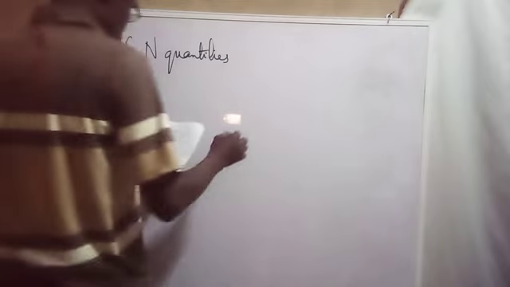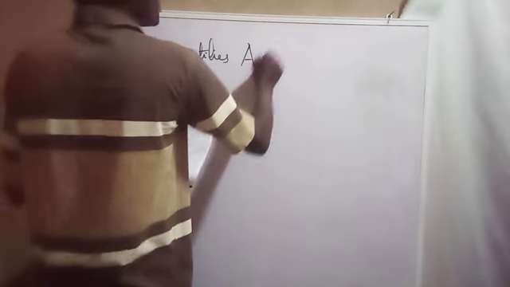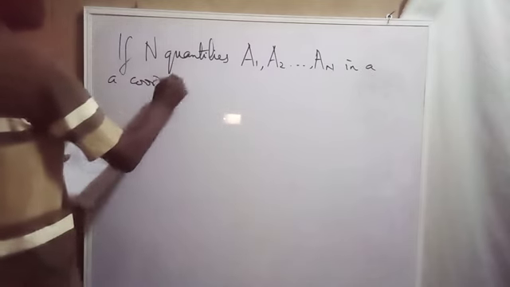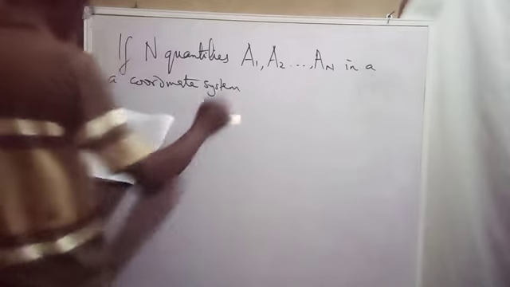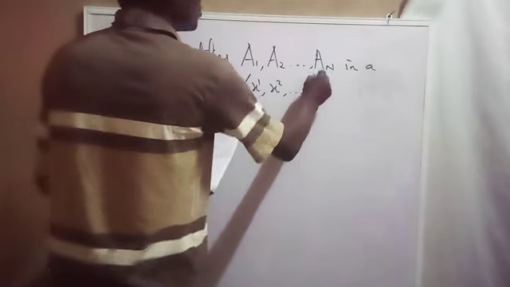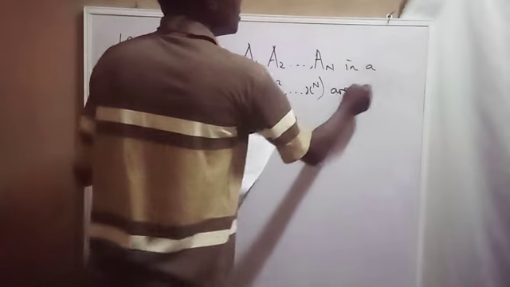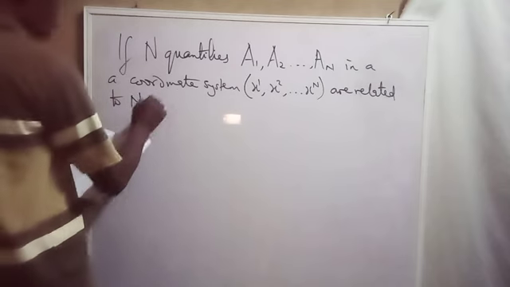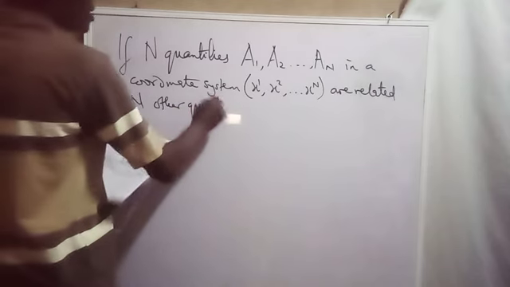Now, if n quantities a1, a2, obviously you should have known that this is completely different, in a coordinate system, let's say the coordinate system is like this, are related to n other quantities.